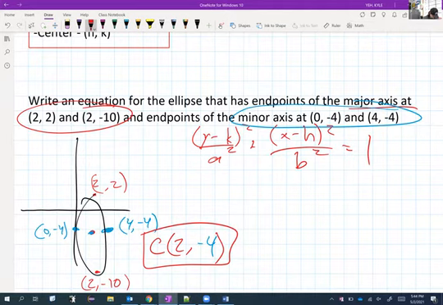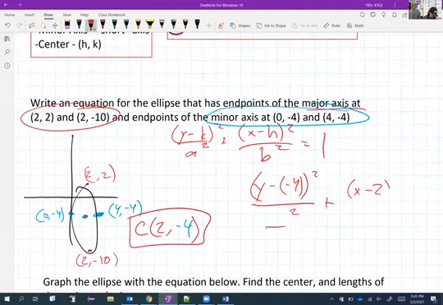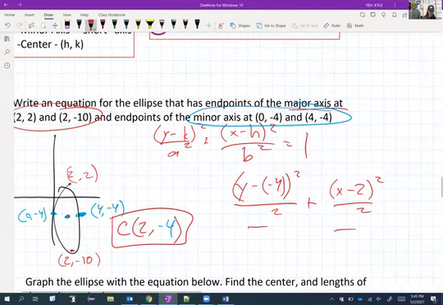So y minus the y coordinate squared. So y minus negative 4 squared over something squared plus x minus the x coordinate squared over something squared equals 1.